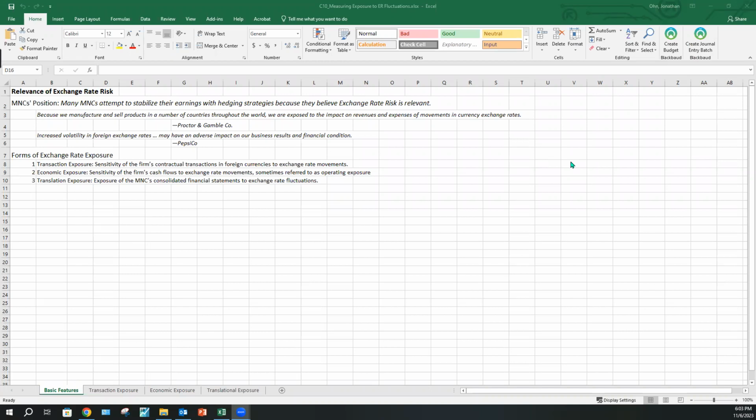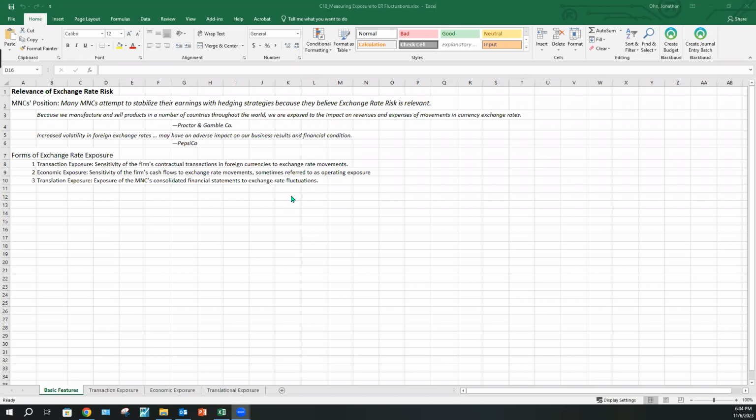Typically, the position of multinational corporations on exchange rate risk is that, for an absolute majority of MNCs, exchange rate risk is relevant. Some people say it might be irrelevant, assuming some situation, but I don't think that's the case.